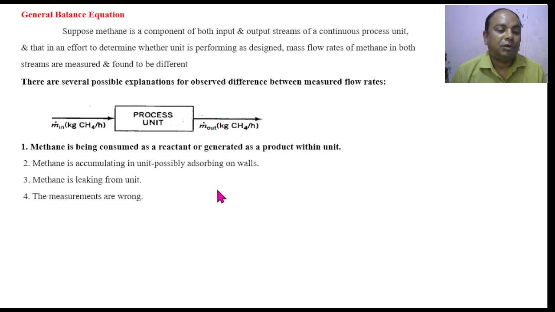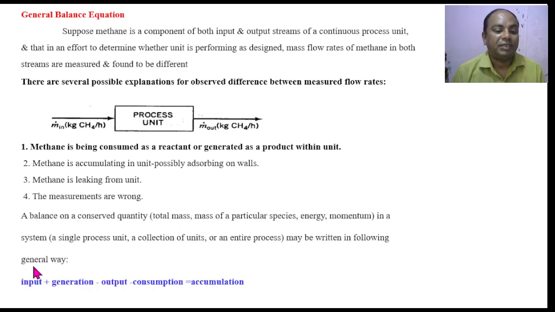Taking into consideration all these facts, we make a general balance equation right now. A general balance equation is: input plus generation minus output minus consumption equals accumulation.